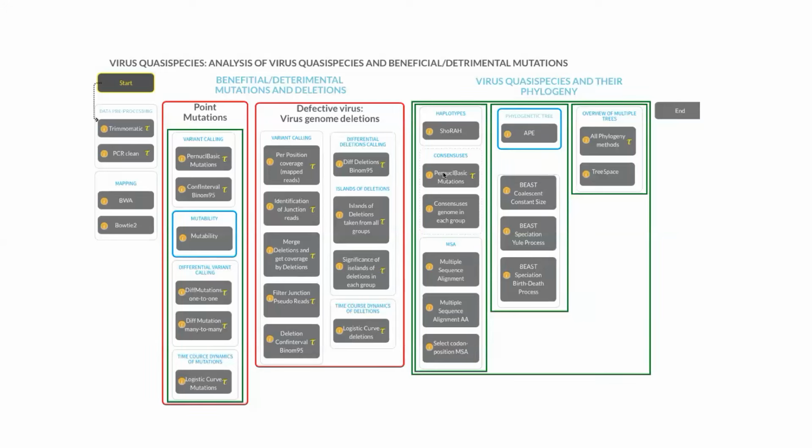And then a section that you're all familiar with, phylogenetic analysis, where we can look at haplotypes present in NGS FASTQ files, so multiple consensus genomes. We can build a consensus genome. We can align those between themselves using nucleotide or amino acid sequences, or specific positions in the codon, which might have a significance from an evolutionary standpoint, and then build a phylogenetic tree using different methods, different mathematical models that represent a process that we think is happening.